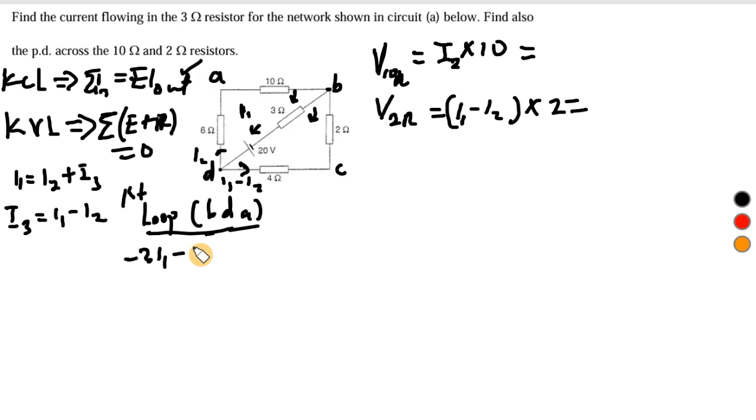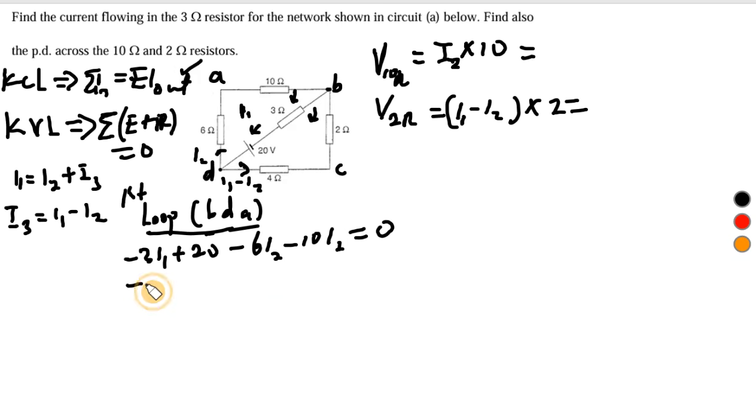So this will be positive 20. We now come to this side. This is I2, and we are moving in the direction of the flow of current. This is minus 6I2. Coming here again, still in the direction of the flow of current, this is minus 10I2. Everything should equal 0.